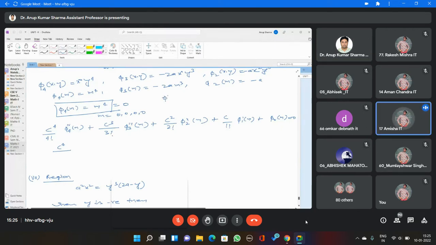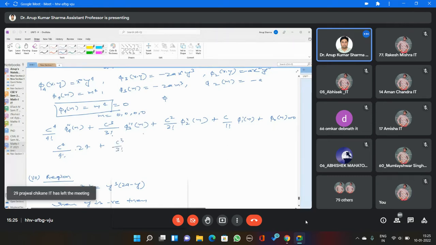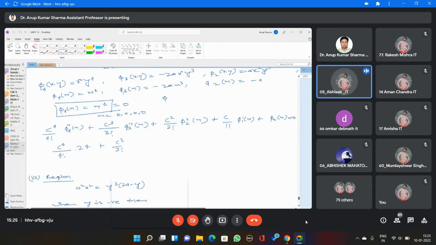Yes, sir, 24. Okay, factorial 4 into 24 plus c factorial 3. In this case, phi 3 double dash 12 minus 12 minus 12a, c square factorial 2. How much we get? 2 times derivatives? 0. 0.